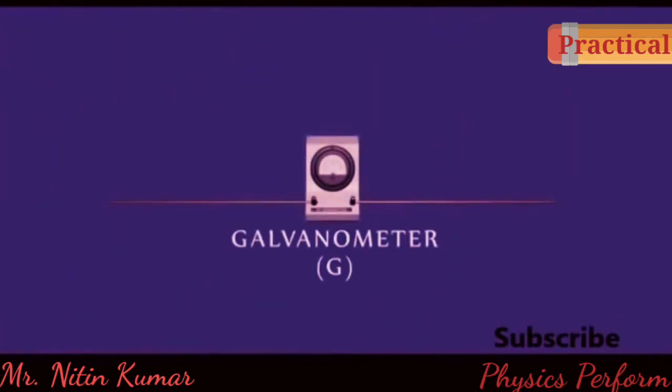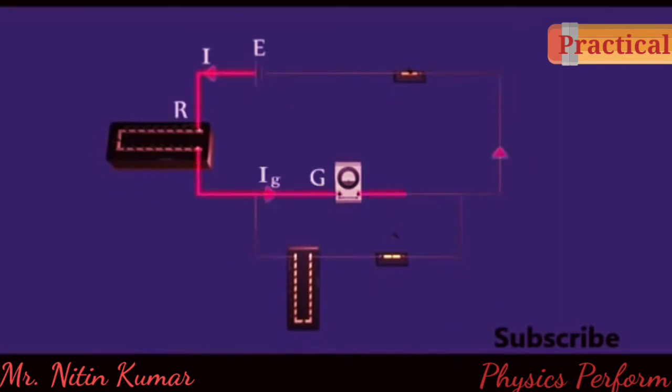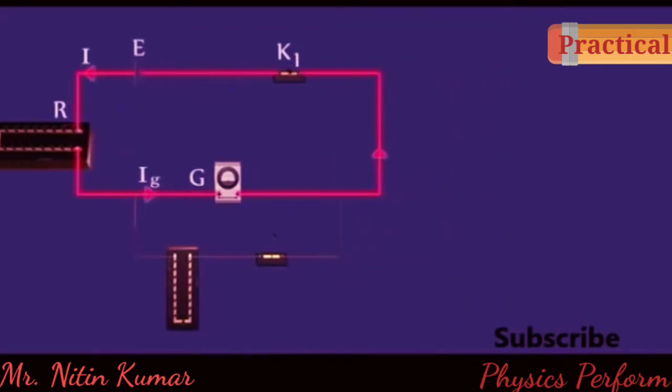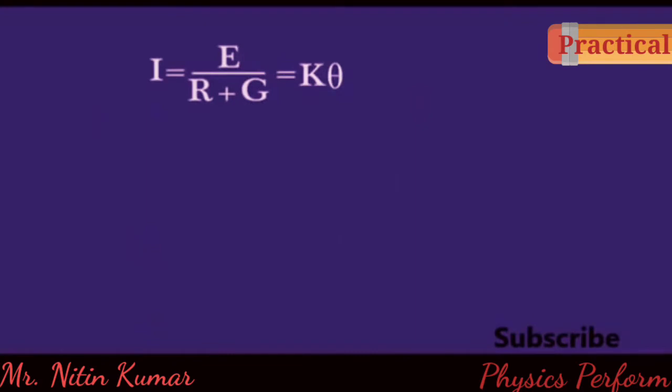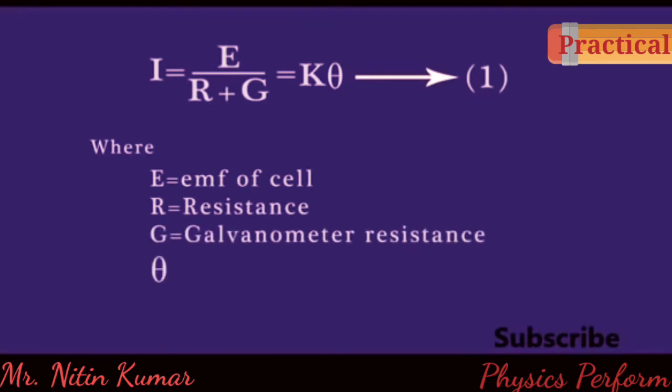Resistance of galvanometer. To find the resistance of a galvanometer by half deflection method, we connect the galvanometer in the circuit as shown here. Here, when you close the key K1, the current passing through the galvanometer is given by I is equal to E divided by (R plus G), which is K theta, where E is equal to EMF of the cell, R is the resistance, G is equal to galvanometer resistance, theta is the deflection, K is equal to constant.